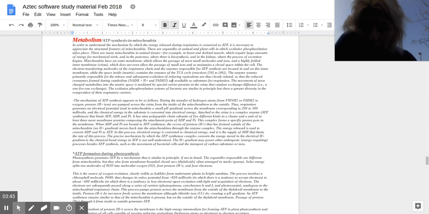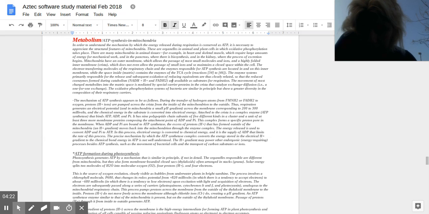It has 9 polypeptide chain subunits of 5 different kinds, subunits in a cluster, and a unit of at least 3 more membrane proteins composing the attachment point of ADP and P phosphorus. And this complex forms a specific proton pore in the membrane.